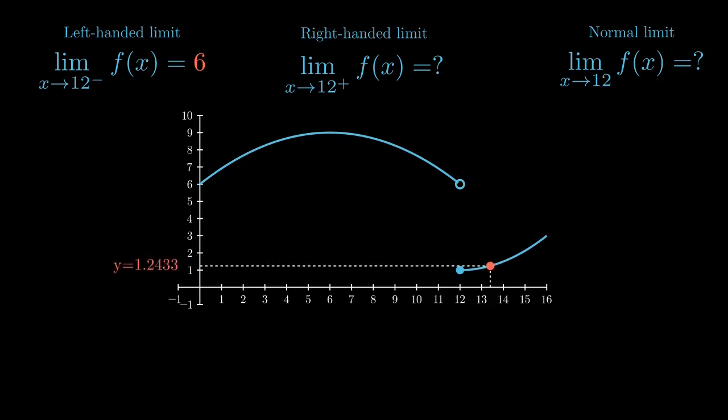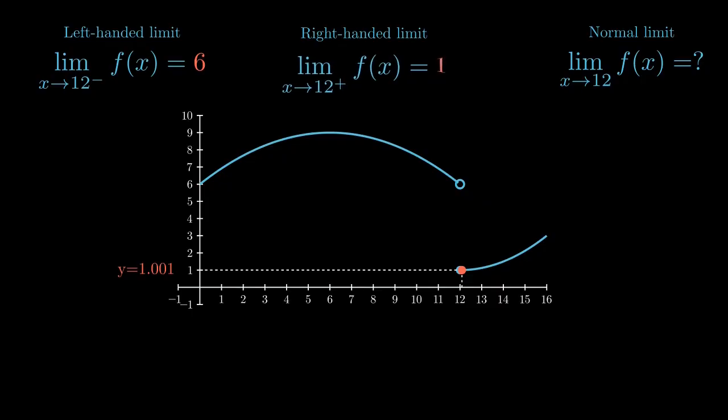Let's check what happens as we move towards x equals 12 from the right side. The y gets closer to 1 as we move from the right side of 12 along the x-axis. So, the right-hand limit of the function as x gets closer to 12 is 1. Since the left-hand and right-hand limits are not equal, the normal limit of the function as x gets closer to 12 does not exist.